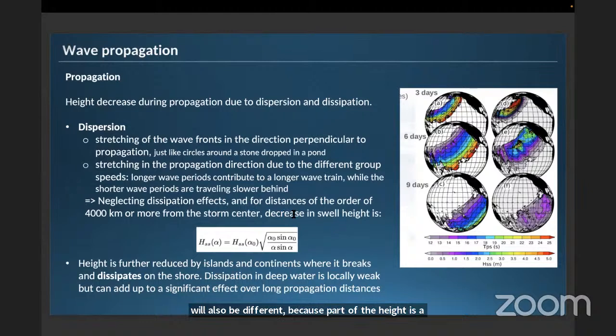And so we can compute also the decrease in height over a given distance depending on this dispersion. This is neglecting even the dissipation due to wave breaking and interaction with islands or other features.